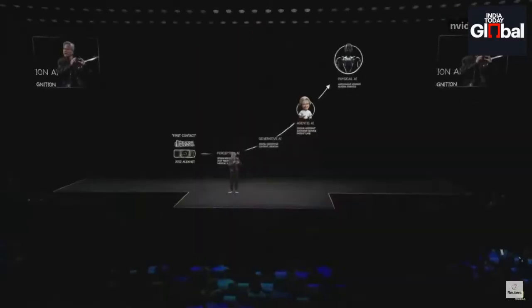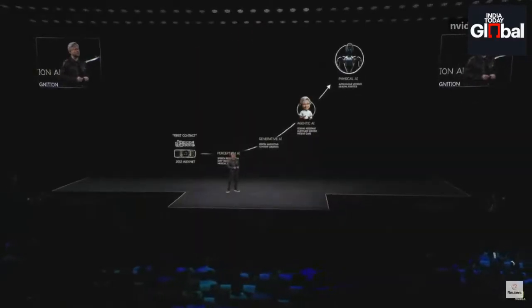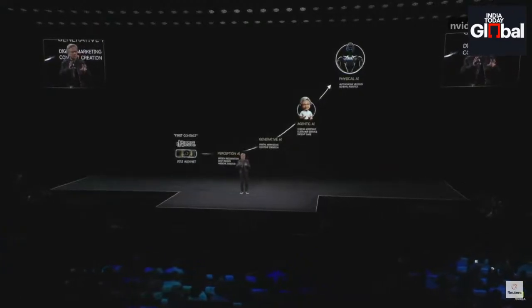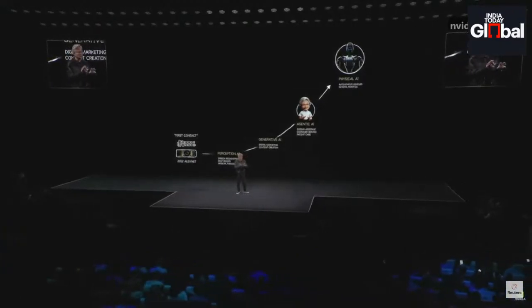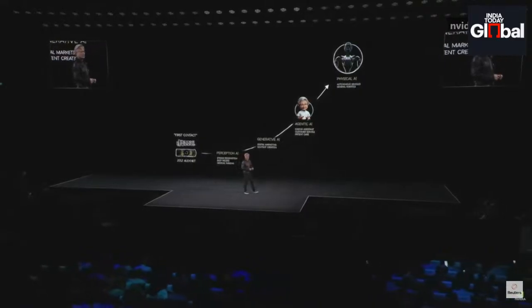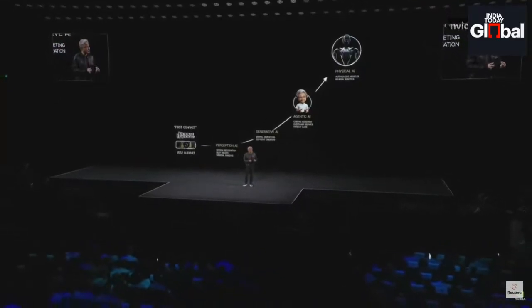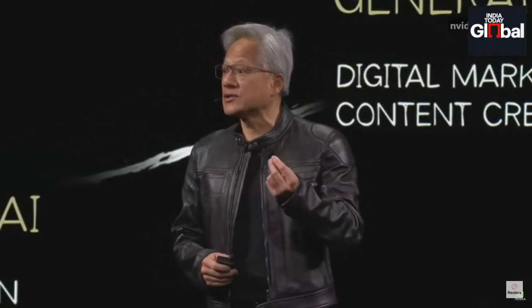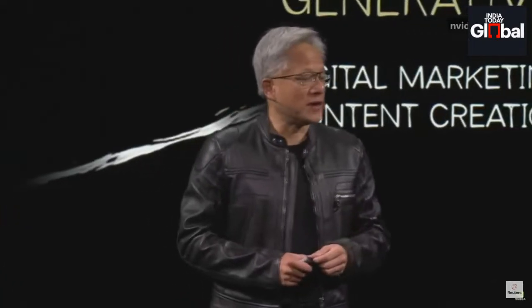The ability for AI to be embodied in a physical form is basically robotics. These capabilities, the fundamental technology to enable agents, which are basically information robots, and embodied AI, physical robots, these two fundamental capabilities are now upon us. Really, really exciting times for AI.